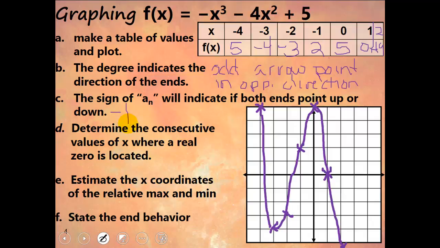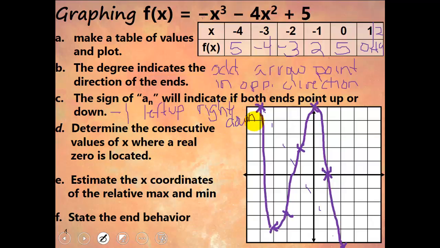So when you're graphing, if you look at just an imaginary straight line between your arrows, notice how this is a negative slope. Well, that corresponds to this negative right here in front, or the sign of a sub n, okay? And that means that your left end has to go up and your right end has to go down.